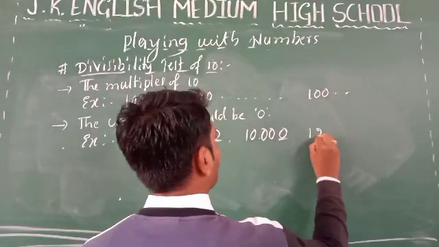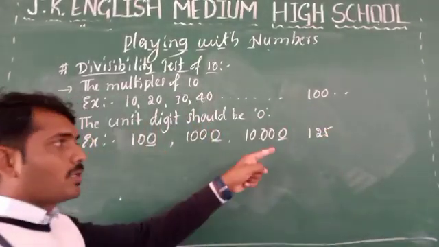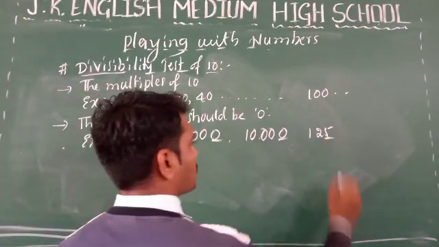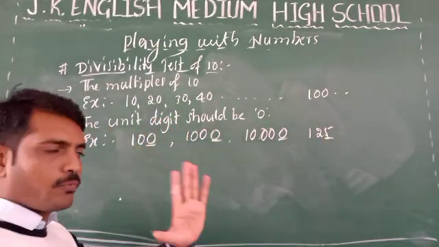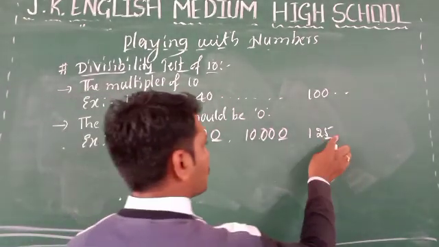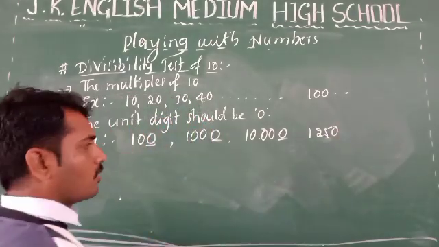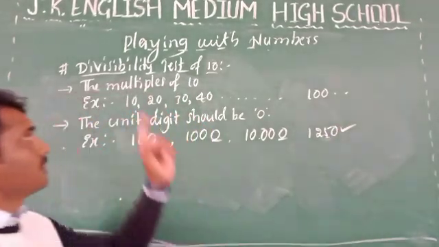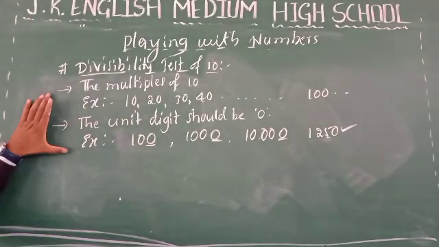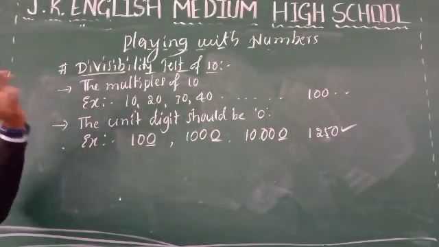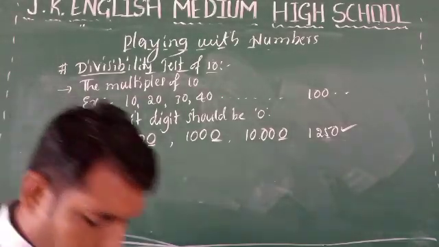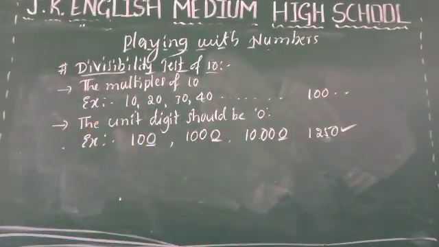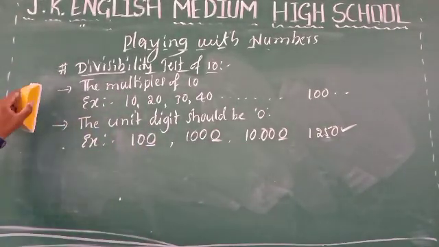For example, 125 is not divisible by 10 because the unit digit is 5. In case it is 0, it is divisible by 10. These are the basic rules of the divisibility test of 10.